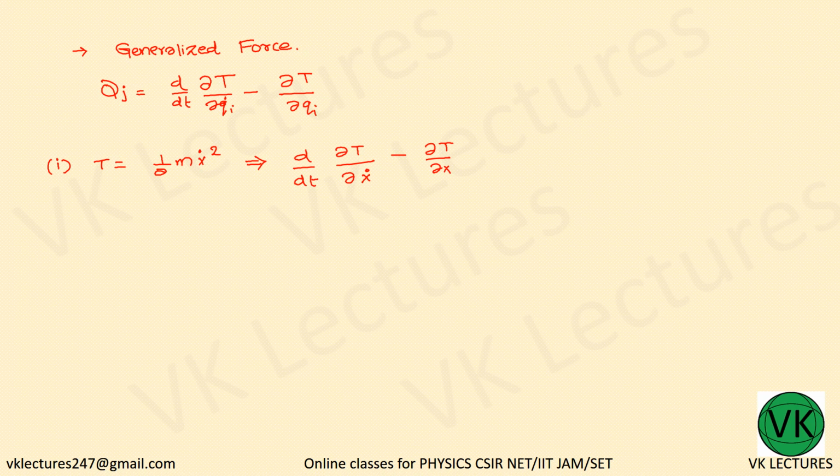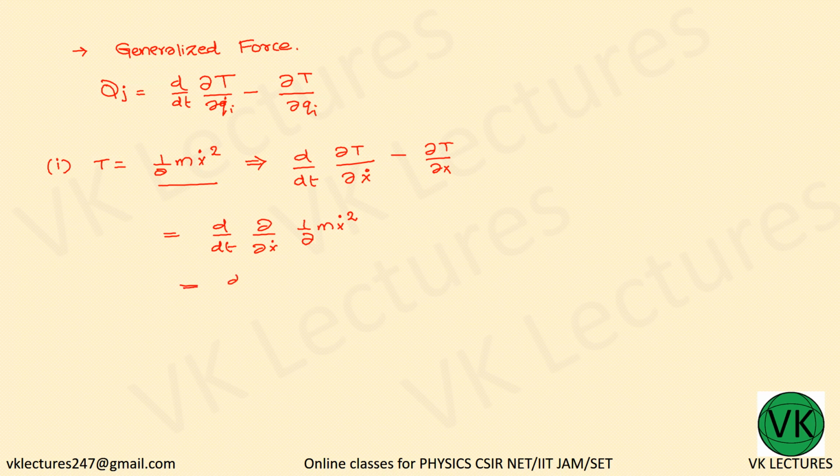Now the second term, dou T by dou x, T is independent of x, it is x dot, so we can write d by dt of dou by dou x dot of half m x dot squared.